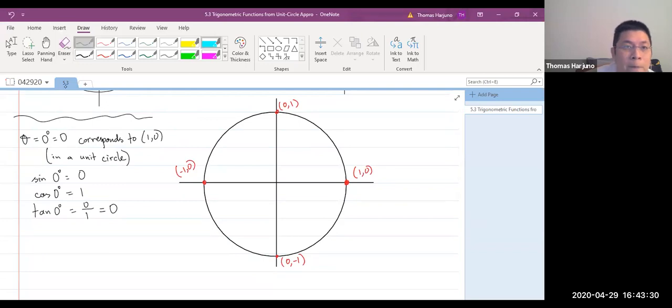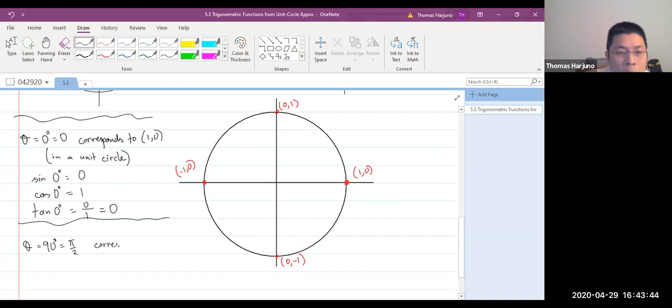For example, suppose I go on for theta equals 90 degrees, or pi over 2 in radian. Now that corresponds to the coordinate (0, 1), right?